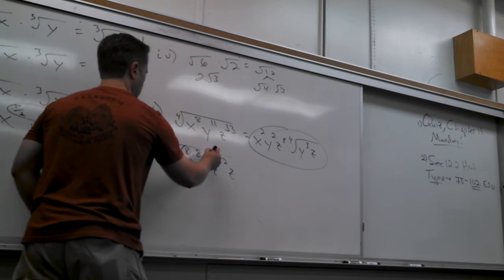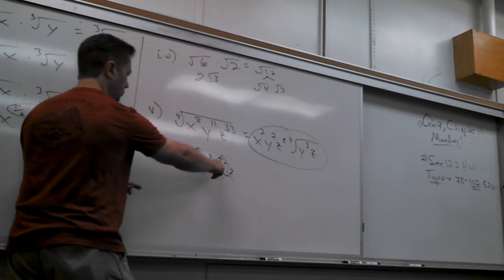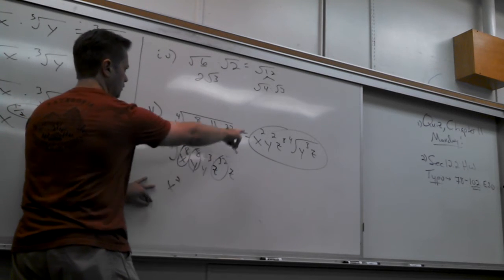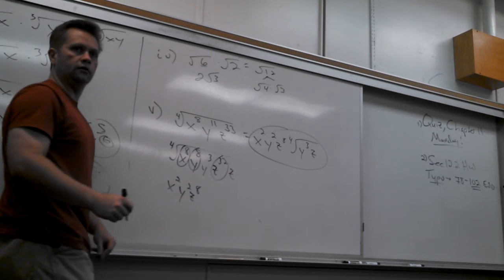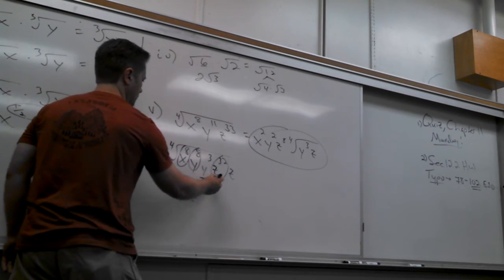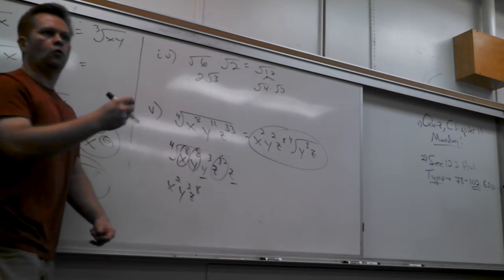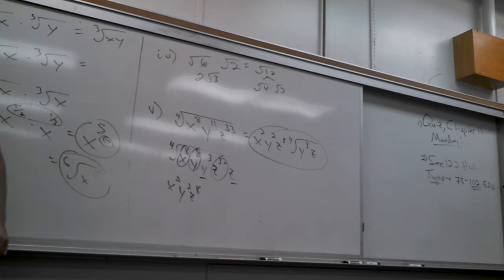So this and this are doable. That's where the x squared, y squared, and z to the 8th came from, right? And then what's left on the inside? Y cubed z. I mean, that's why that shortcut works. Because the remainder would be the extras.